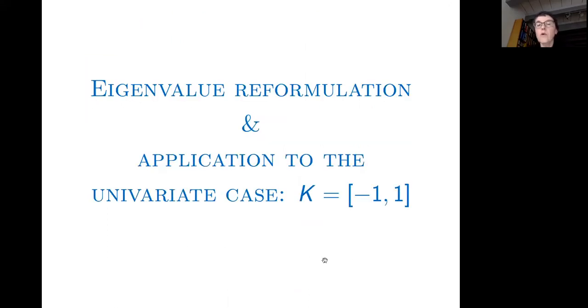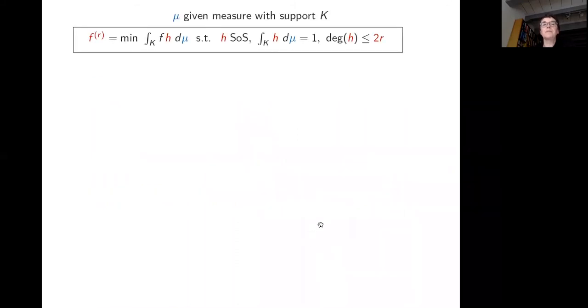Okay, so I want now to explain how we are going to analyze the bounds for the univariate case and for the very simple case when K is just the interval, because as I mentioned, this is crucial for the rest. And key to that is, let's start with giving an eigenvalue reformulation for the bounds. So this is the definition of the bounds again.